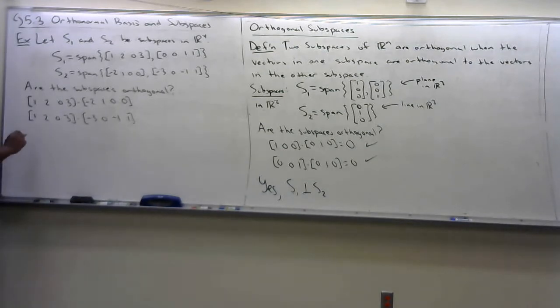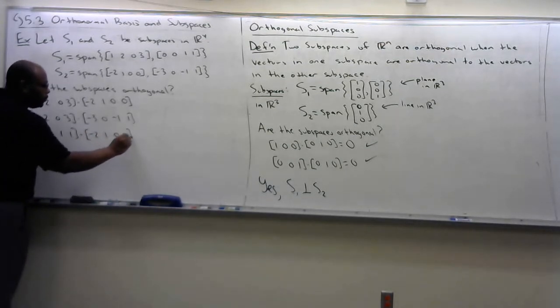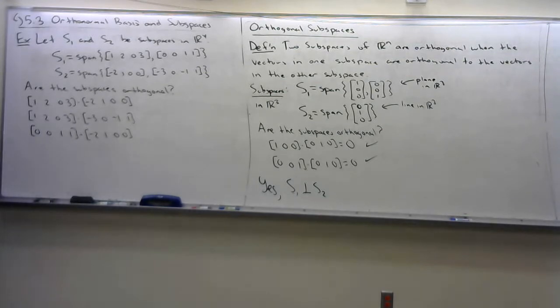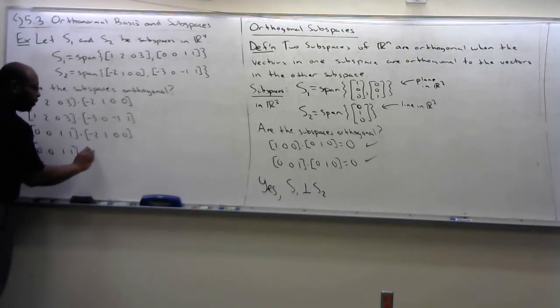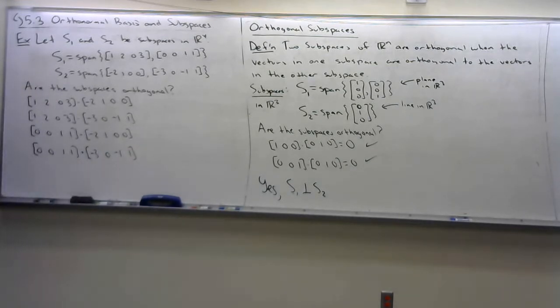Then (0, 0, 1, 1) dotted with (-2, 1, 0, 0). And the last one, (0, 0, 1, 1) dotted with (-3, 0, -1, 1).